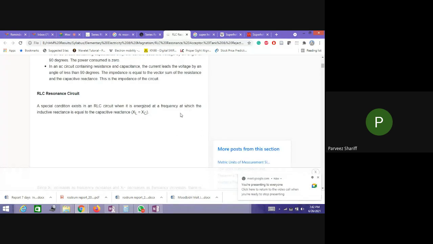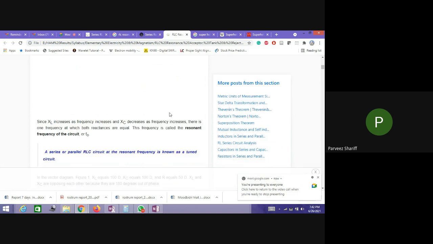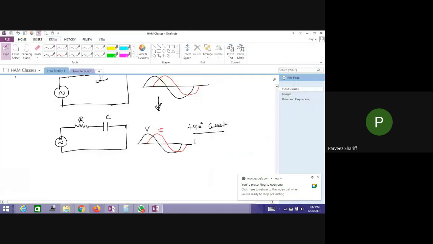Now we will continue further. There is something called the resonance circuit, or a tuned circuit we can call. This tuned circuit can be a combination in any form. It can be a parallel connection or it can be a series tuned circuit. So let me write here.